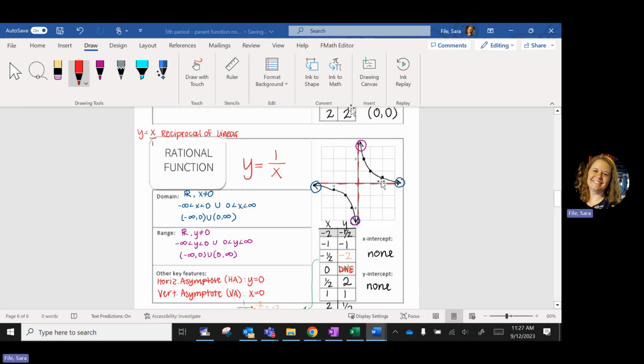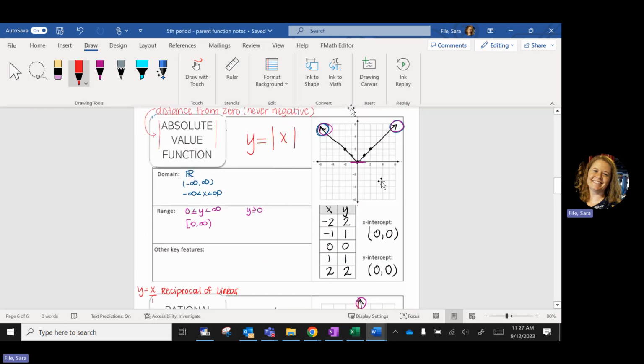All right, then up here with absolute value. Should look familiar. It's going to have the same key features as which function? Quadratic. We said yesterday when we were doing domain and range, we said this had the same domain and range as quadratic because it goes left and right and up forever and has the same bottom point at the origin.